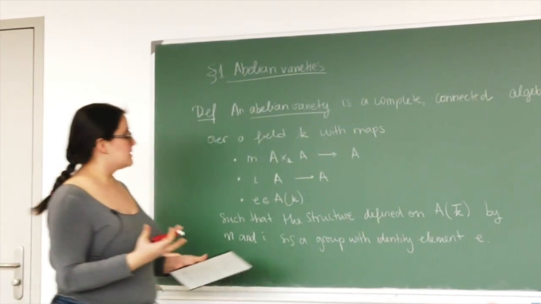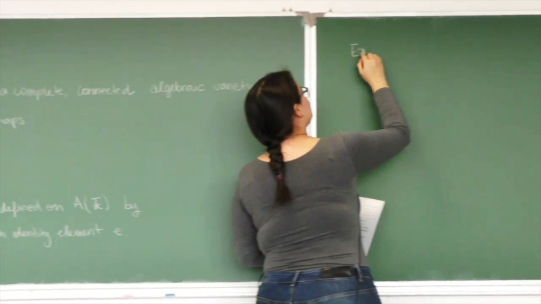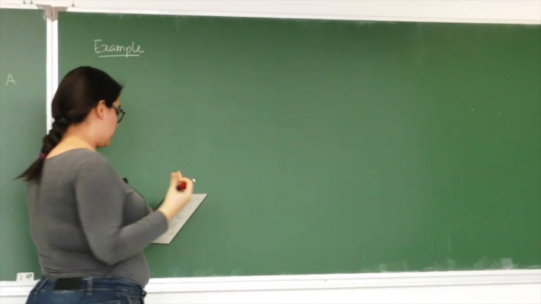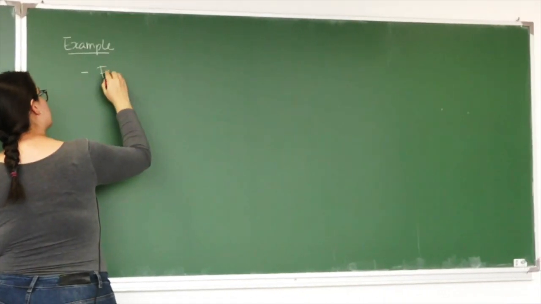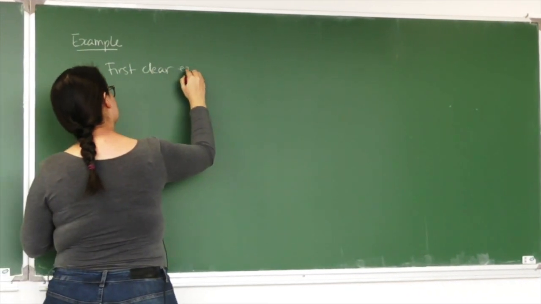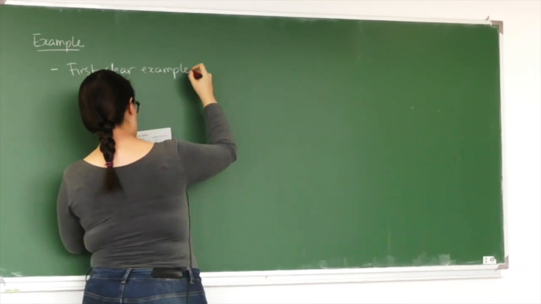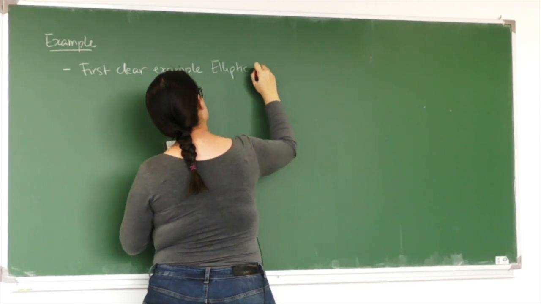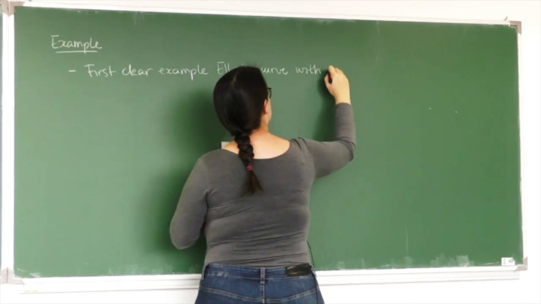So as I was saying, the first example of this that we have already seen is the case of elliptic curves, with point addition.